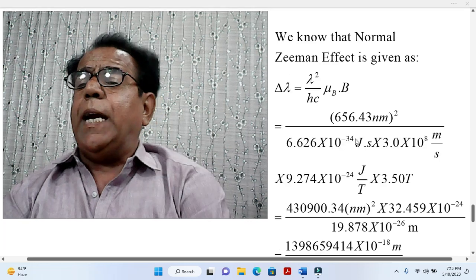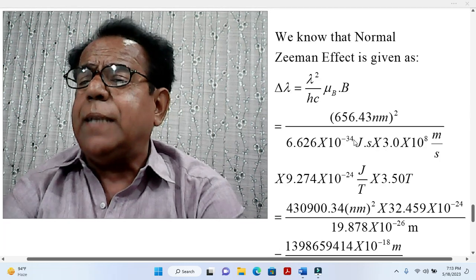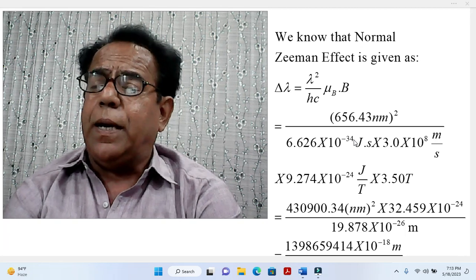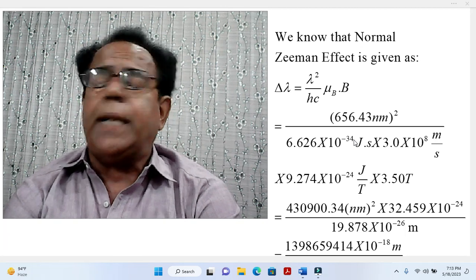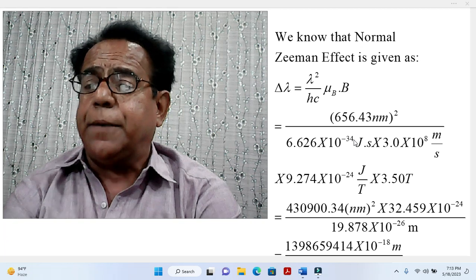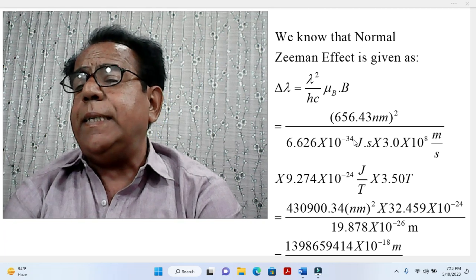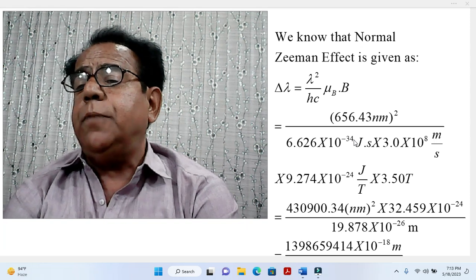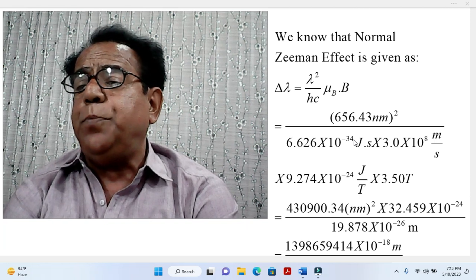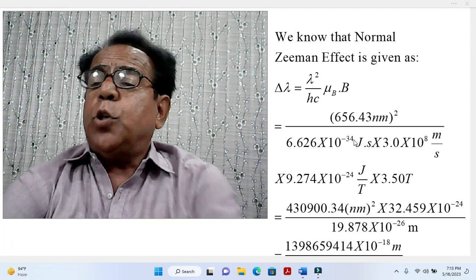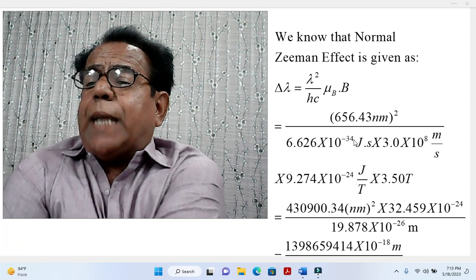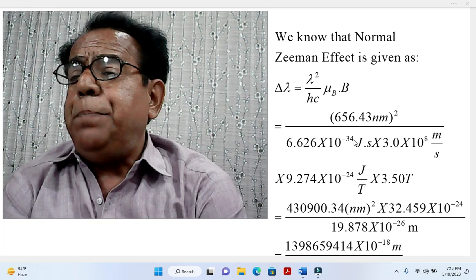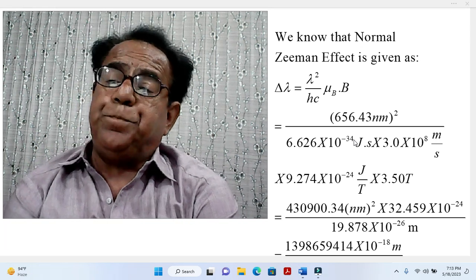Moreover, we know that the normal Zeeman effect is given as delta lambda equal to lambda square over hc into Bohr Magneton mu b, where b is written as a subscript of mu, dot meaning a sign of multiplication, multiplied by B, that is magnetic field.